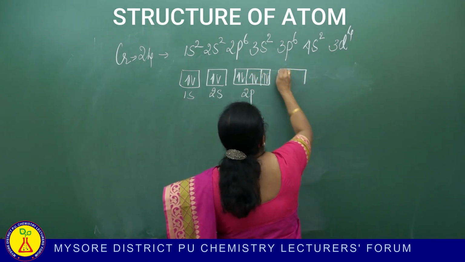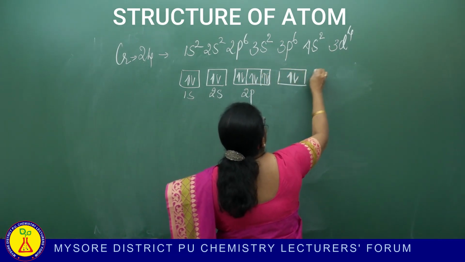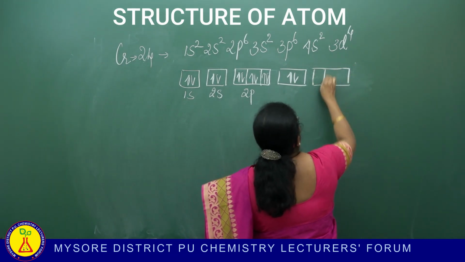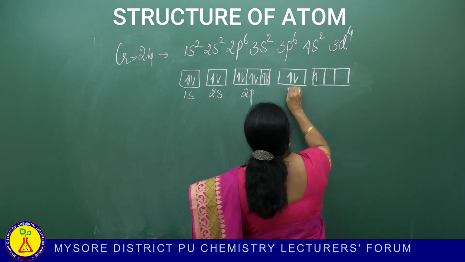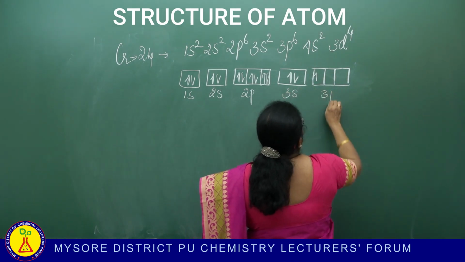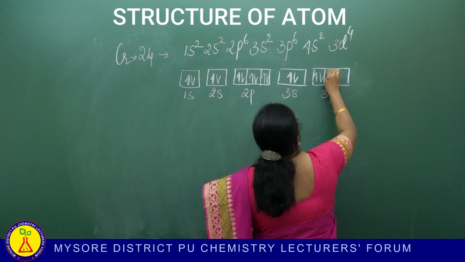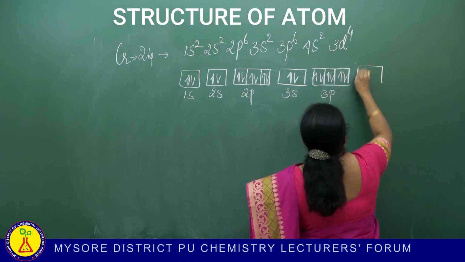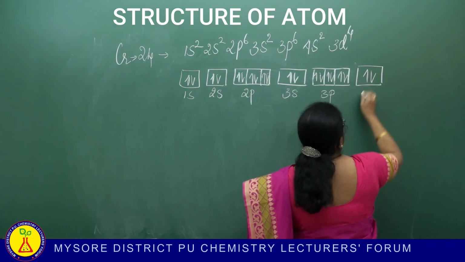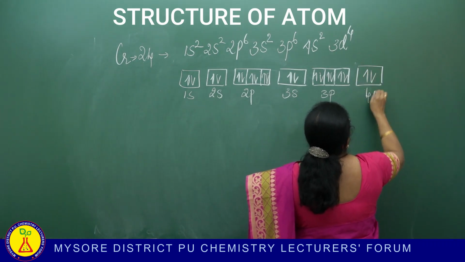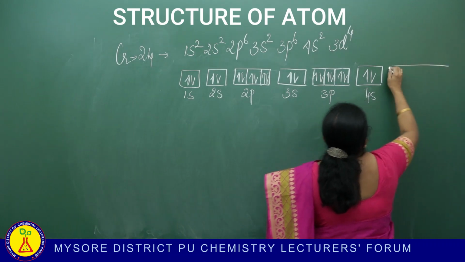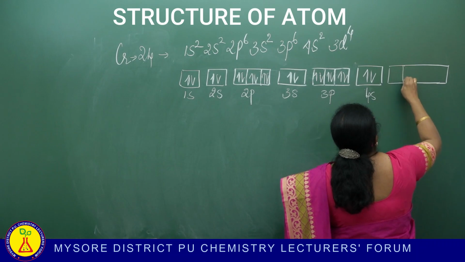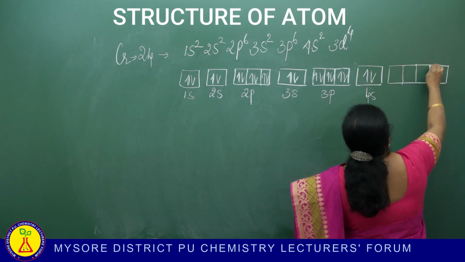Then you have 3s, 2 electrons, 3p, this is 3s, 3p, then 4s, and 3d. d orbitals, you have 5 set of d orbitals.